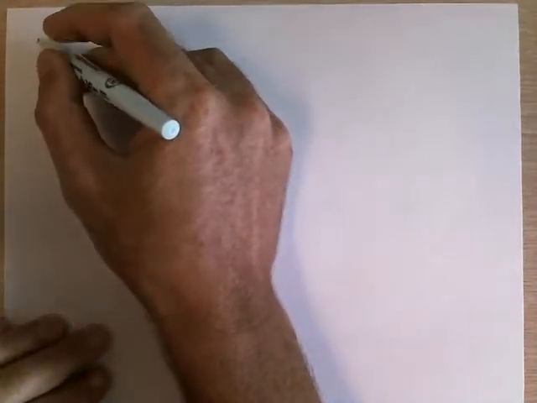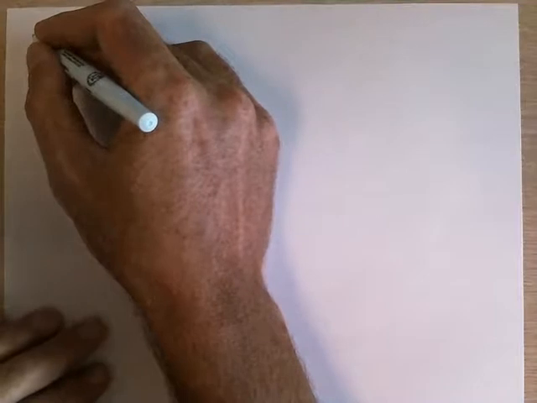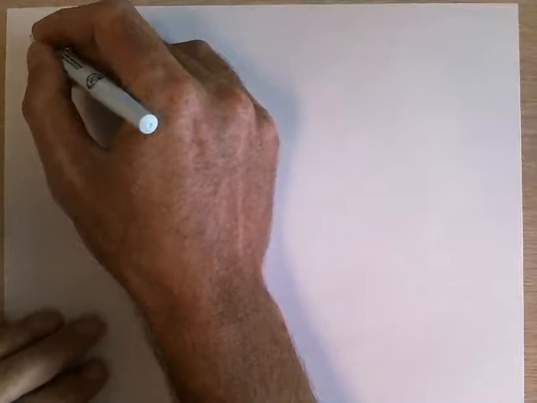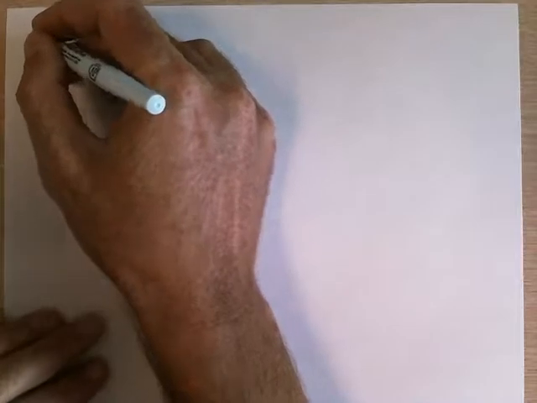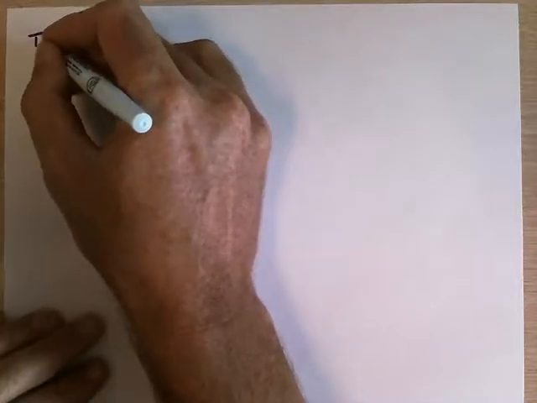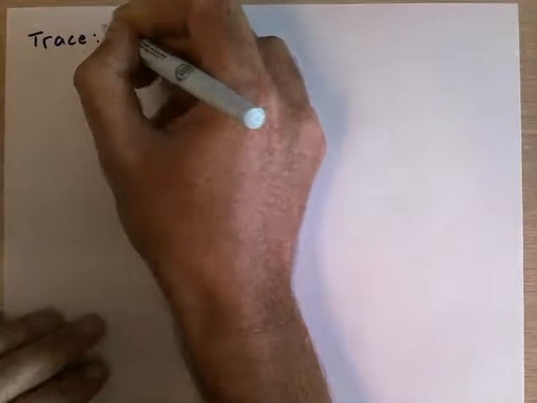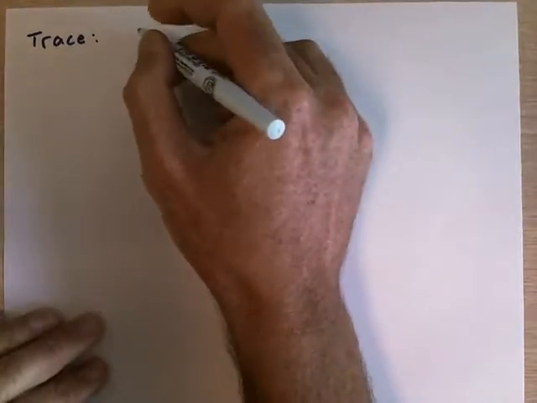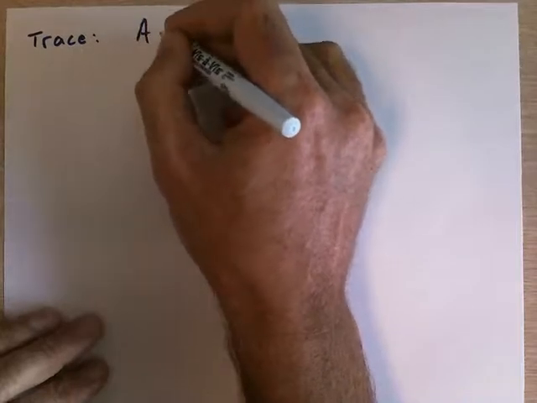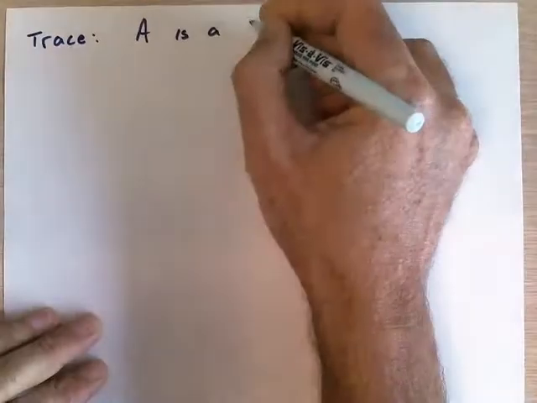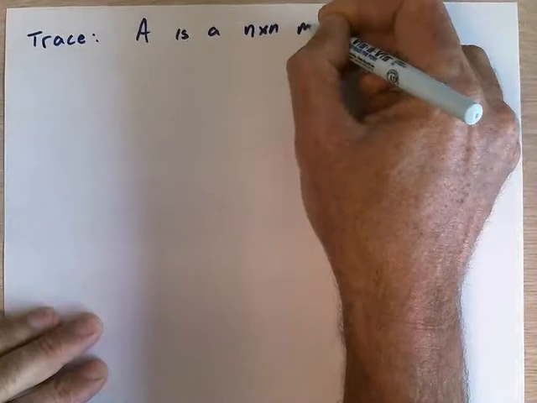So there's a couple of things, a few definitions. Let's work backwards from the way the book does. There is the notion of the trace of a matrix. It's only for a square matrix. A is a square matrix, so an n by n matrix.